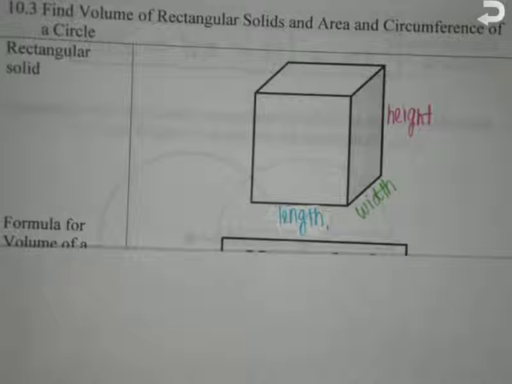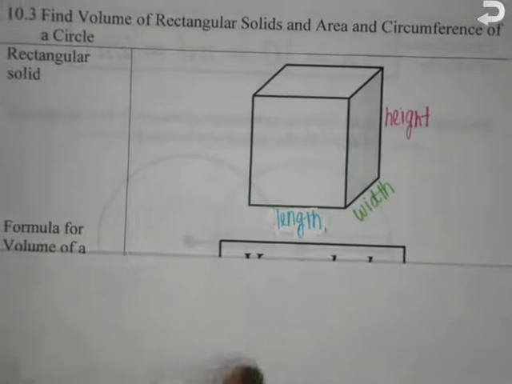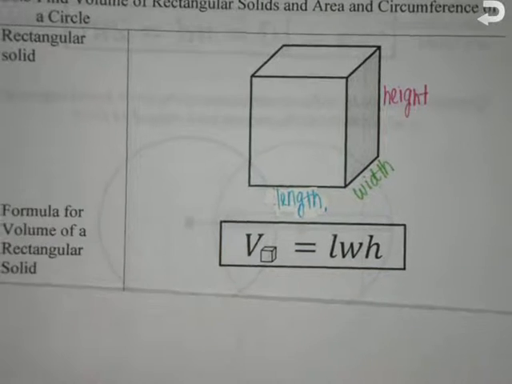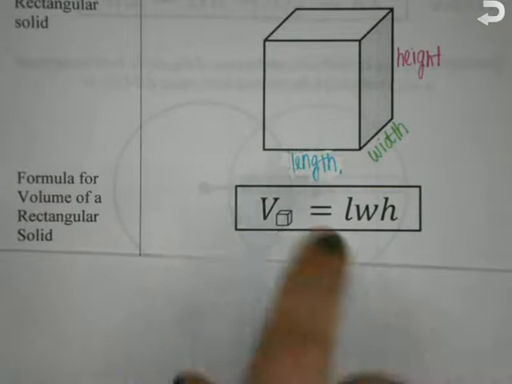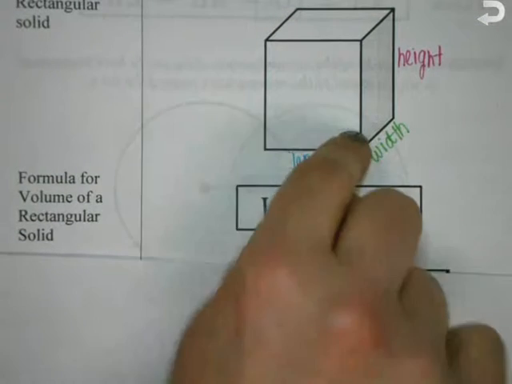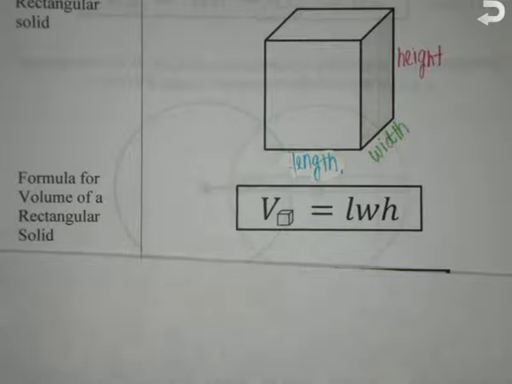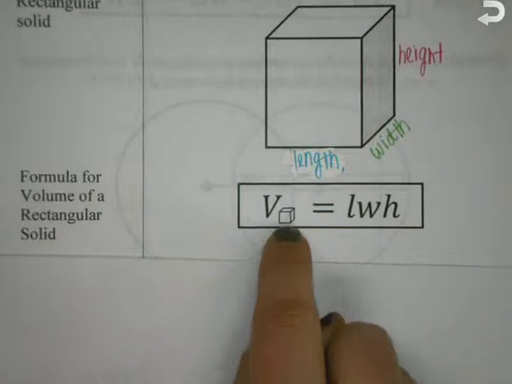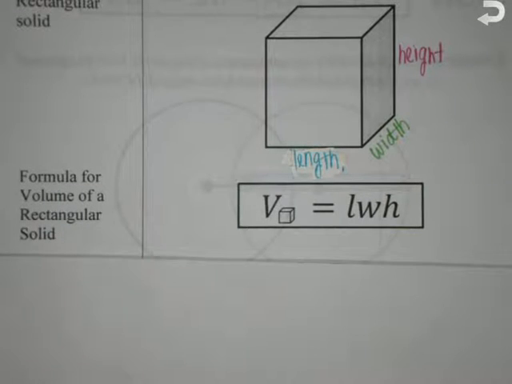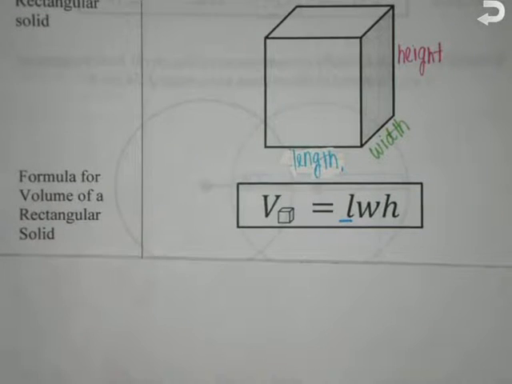Now we need to know the formula for finding the volume. Volume means how much stuff could fit inside of this box. So how much stuff can I put inside of that box? So volume of a rectangular solid is length times width times height. So we're just taking our length, our width, and our height and multiplying them all together.